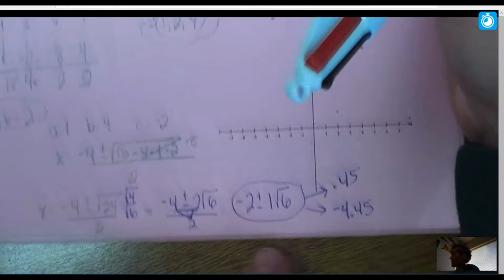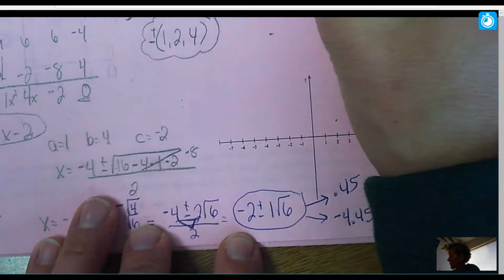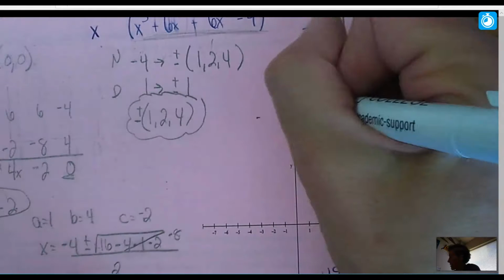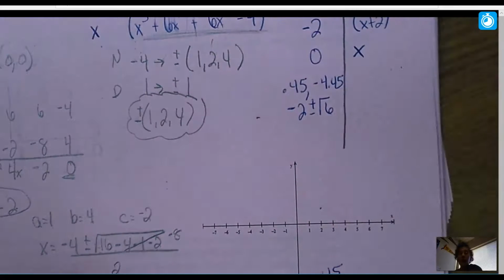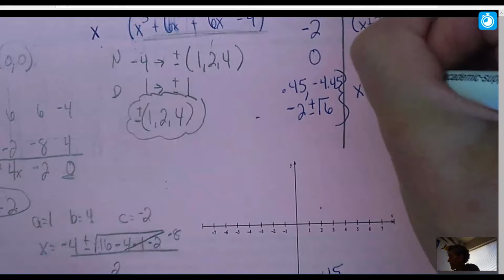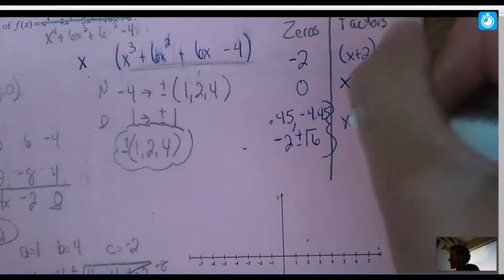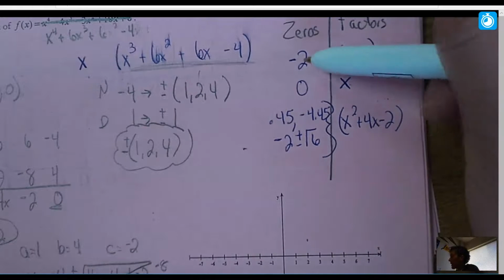So I am going to write both the decimal versions down. But the better technical answer is this. And this all came from the fact that I couldn't factor this anymore, so this is as factorable as it got. So as far as factored form, I've got this, this, and this, and here are all my zeros.